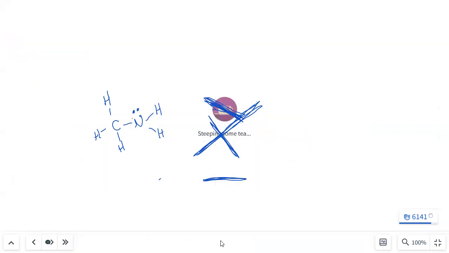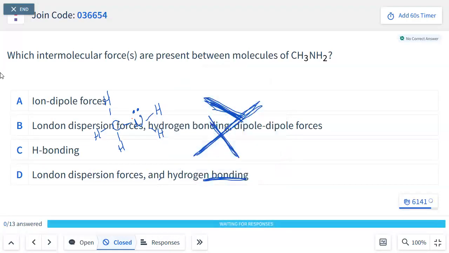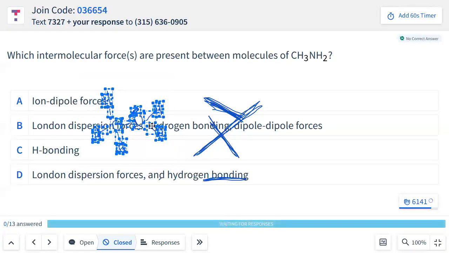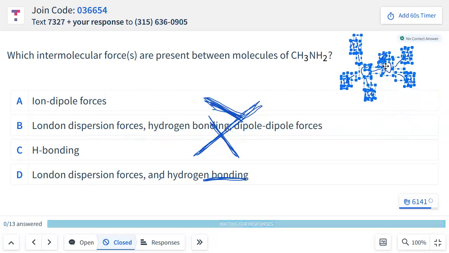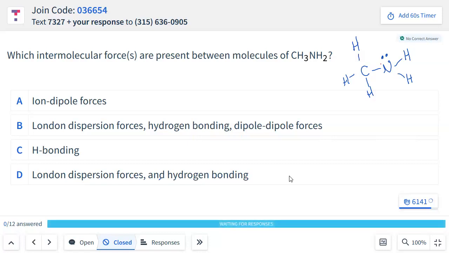All right, let's answer one other question out of this. We just talked about the methylamine here. What intermolecular forces are present in this methylamine?